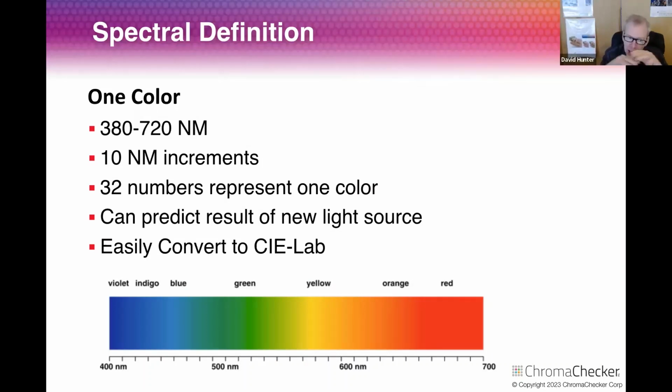So the spectral data is more of the fingerprint of the color, and it can allow us to interpret what's going to happen to the color under different lighting conditions. So if I'm dealing with a product package, I can know what effect cool white fluorescent light is going to have on this package versus an LED type light source.